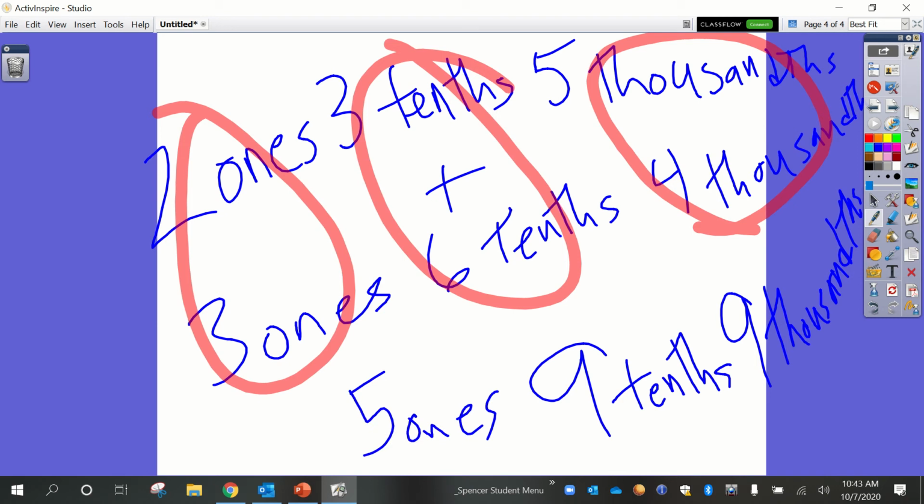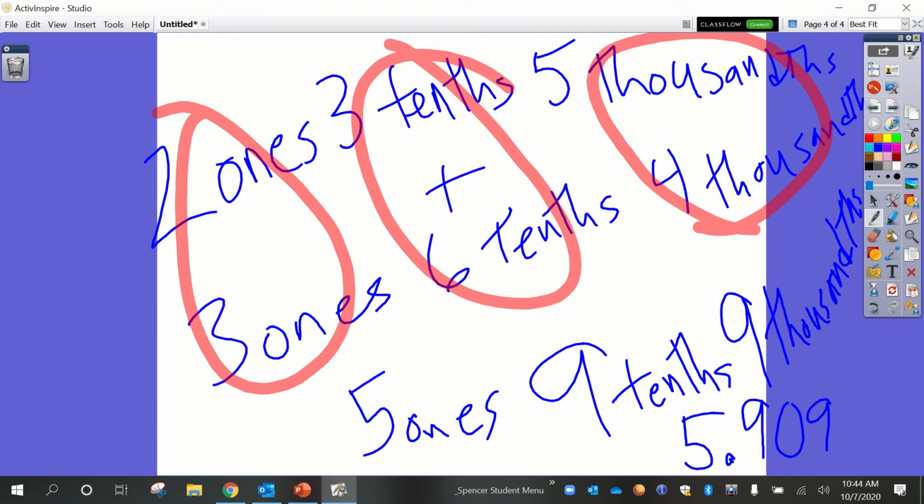So our answer is 5 ones, 9 tenths, 9 thousandths. If we were writing that in standard form, 5 and 9 in the tenths spot, it doesn't say anything for hundredths, so we represent that with a 0, and then 9 in the thousandths spot. So 5 and 909 thousandths is 5 ones, 9 tenths, 9 thousandths.